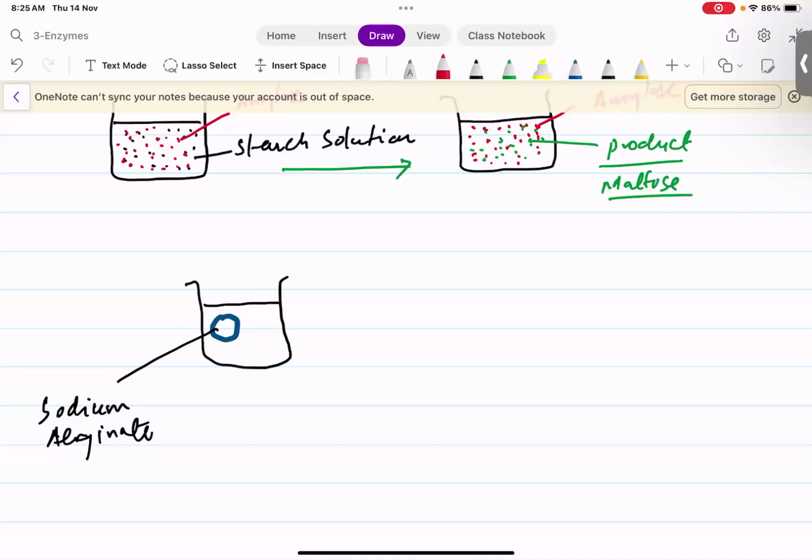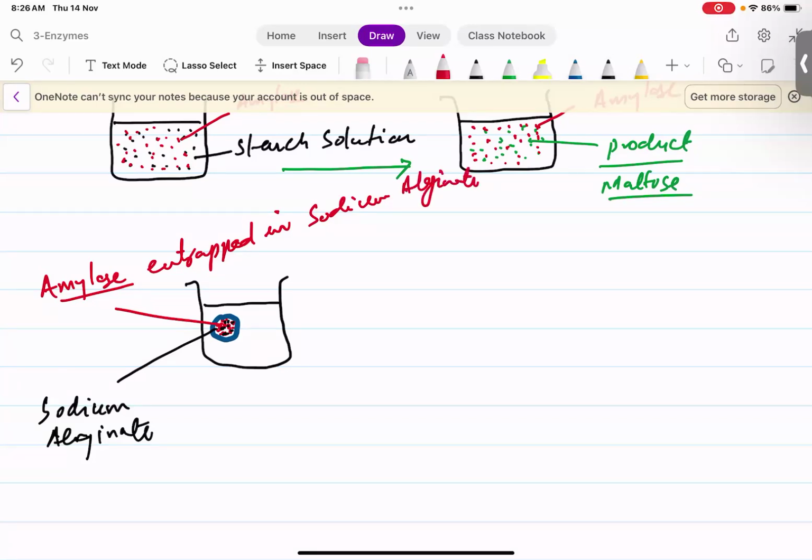This amylase enzyme is entrapped into it. So this is amylase enzyme entrapped in sodium alginate. And we have this starch solution.